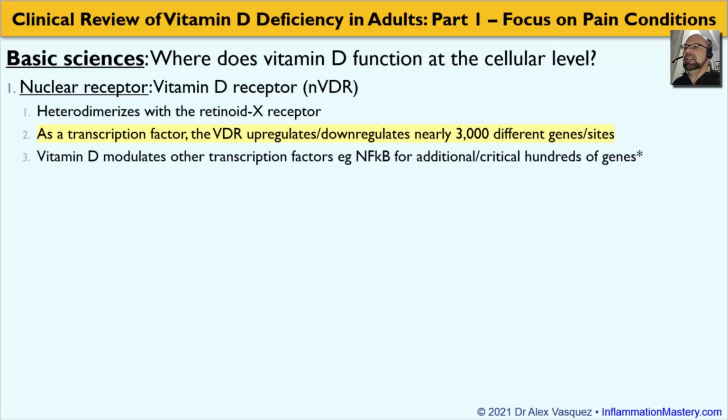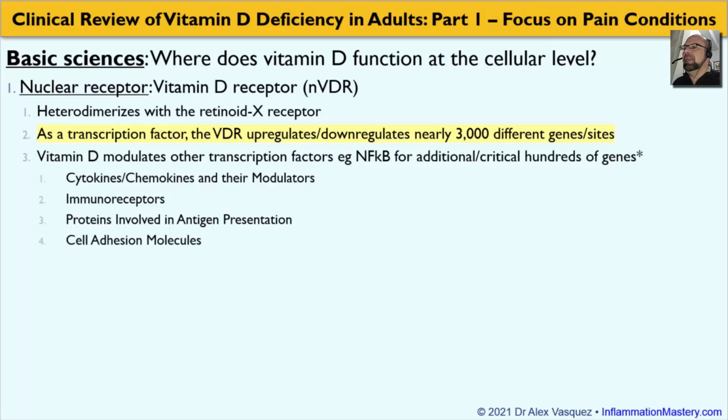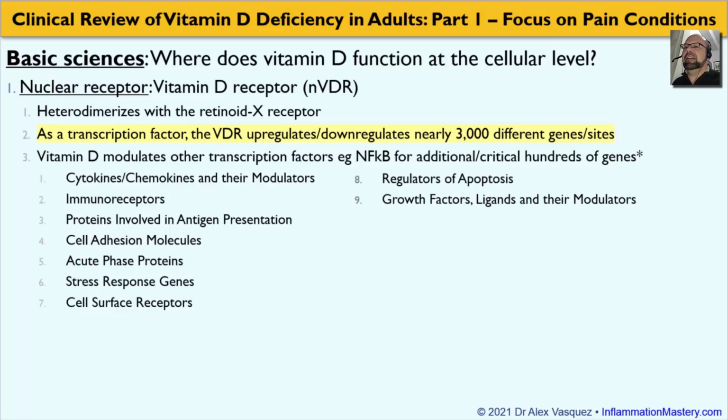Vitamin D also modulates other transcription factors such as NF-kappa B, which, as most of you know by now, is absolutely critical for the transcription of hundreds of genes, especially those related to inflammation and immunity. So vitamin D, again, by interacting with the nuclear vitamin D receptor, directly affects almost 3,000 different DNA binding sites.